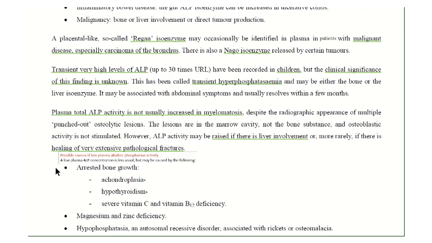A low plasma ALP concentration is less usual but may be caused by the following: arrested bone growth, which may be due to achondroplasia, hypothyroidism, severe vitamin C and vitamin B12 deficiency, magnesium and zinc deficiency, hypophosphatasia, which is an autosomal recessive disorder associated with rickets or osteomalacia.